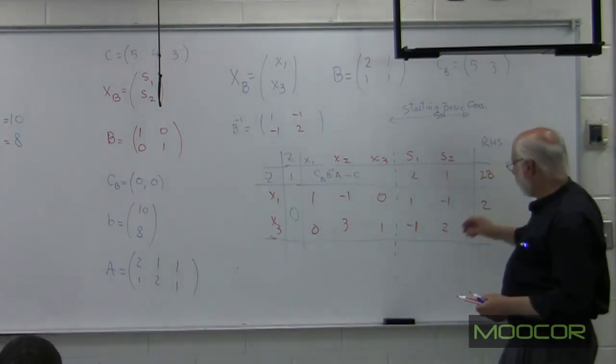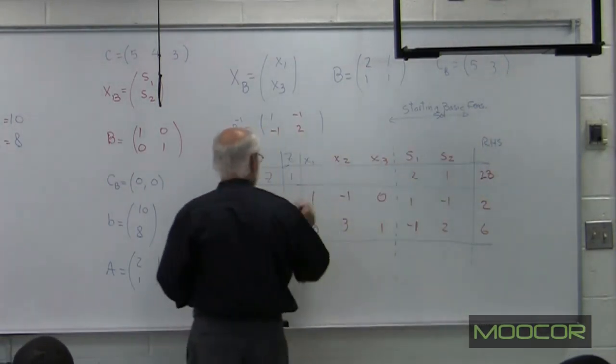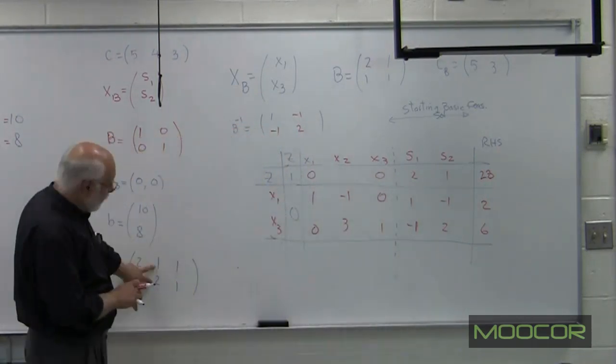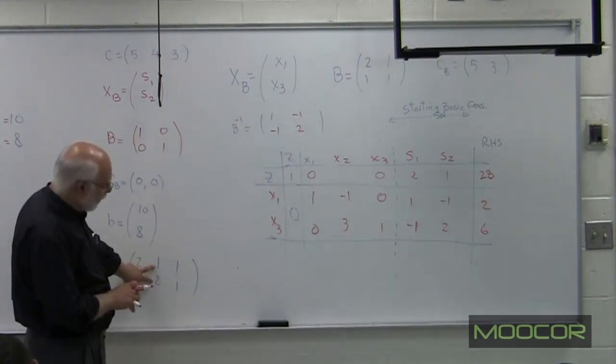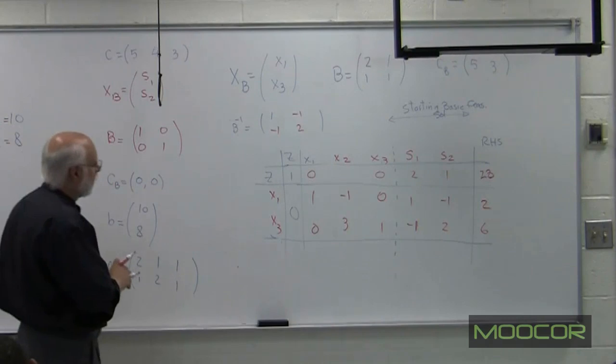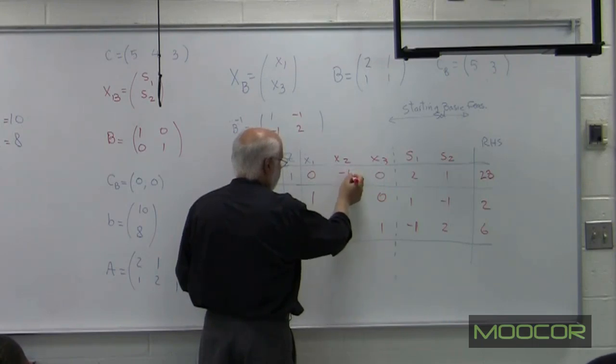In here, we will be multiplying that. We will get 0 in here and 0 in here. Negative 5 and 3, that's negative 2. Minus 4, that is 2. Minus 4, that's negative 6.